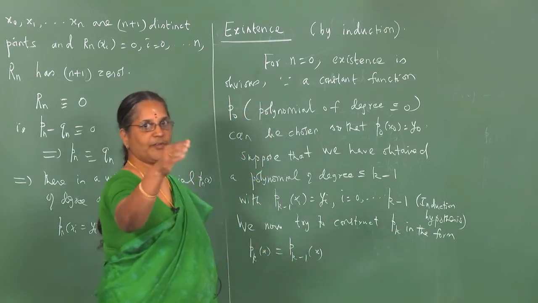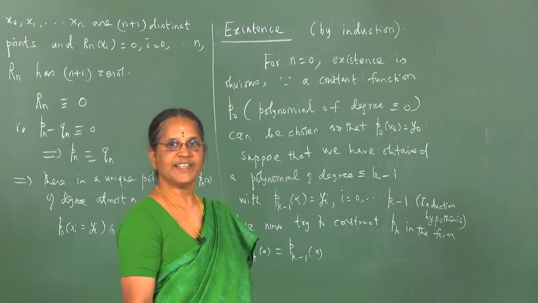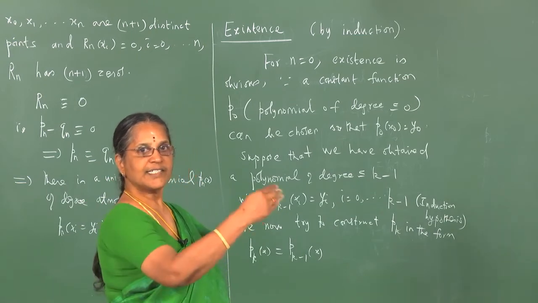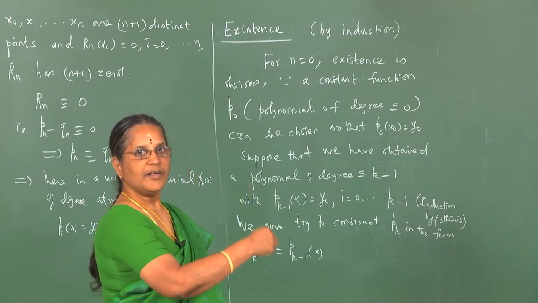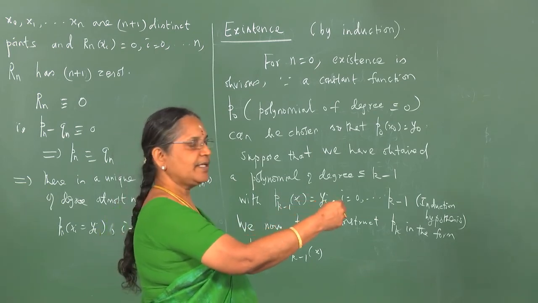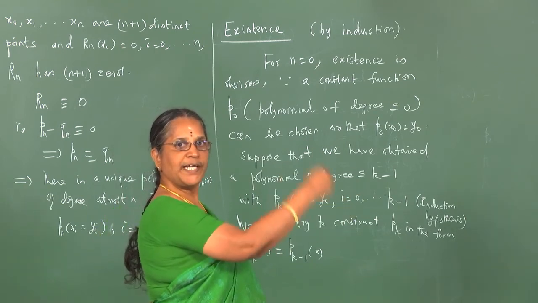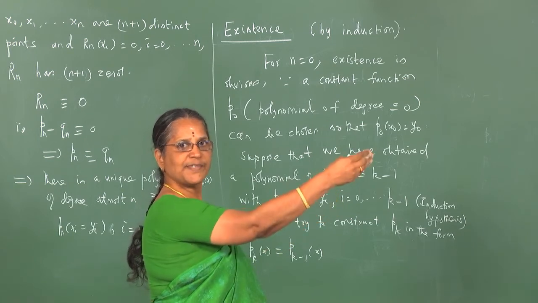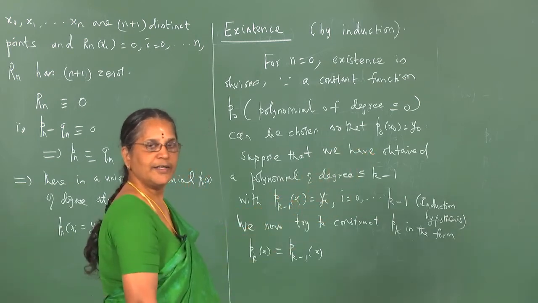I recall what we did in the beginning of this lecture. Having constructed p naught, we constructed a polynomial of degree 1 by taking p1 of x to be p naught plus a constant times x minus x naught.